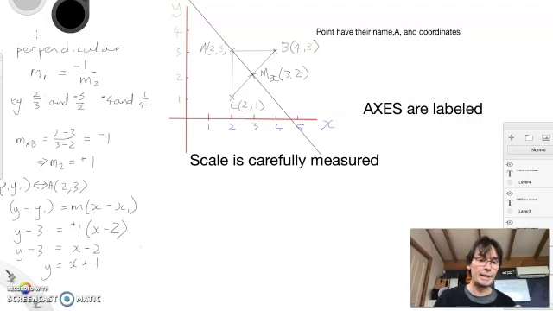Now that we've got a gradient and a point on the line, we can use the rule y minus y1 equals m times x minus x1 to find the equation. So I'm going to call that point that it's going through, the point A, my x1, y1. I put the values for that and my gradient that I've just found in, and I get my equation y equals x plus 1.